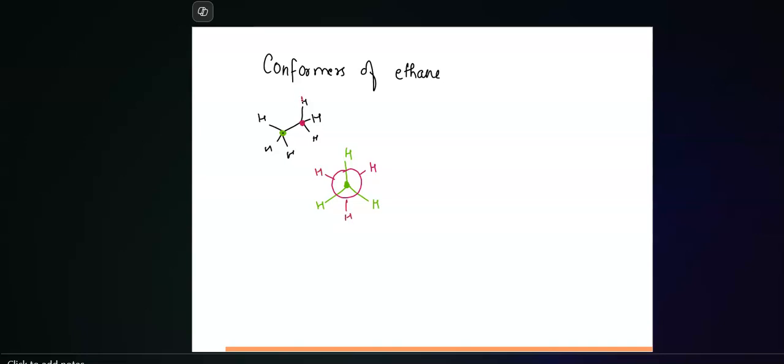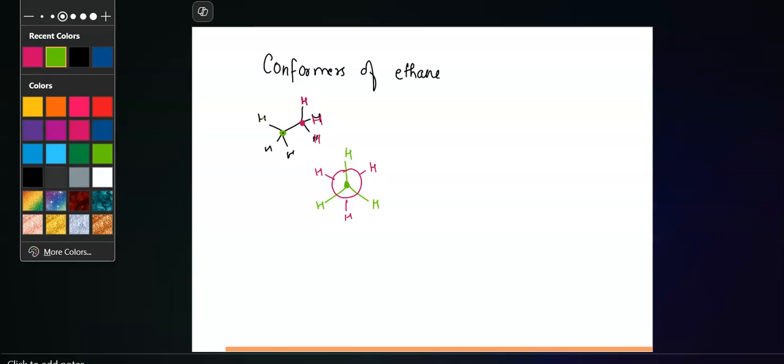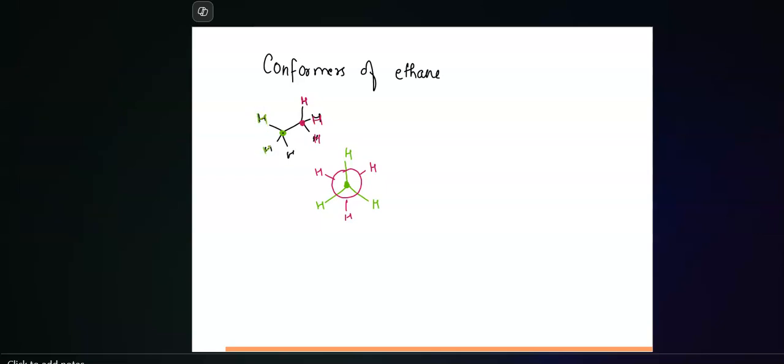So these are the hydrogens on the back one, and the front hydrogens are the ones I have represented in green color. If you see, the hydrogen atoms are as far apart from each other as possible.